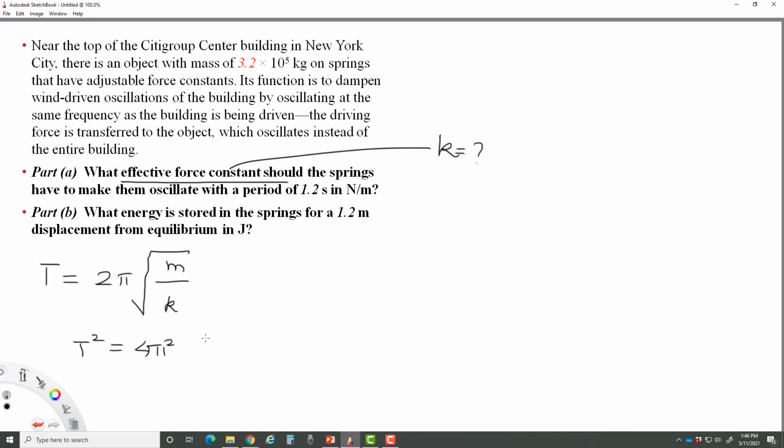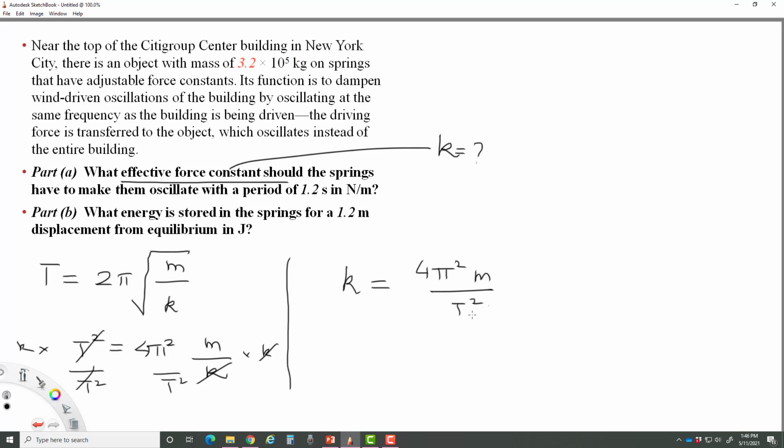So t squared equals 4 pi squared m over k, and then multiply both sides by k. So you can cancel k and k, and then also divide both sides by t squared just to get rid of that on the left. So then k would be 4 pi squared m over t squared.